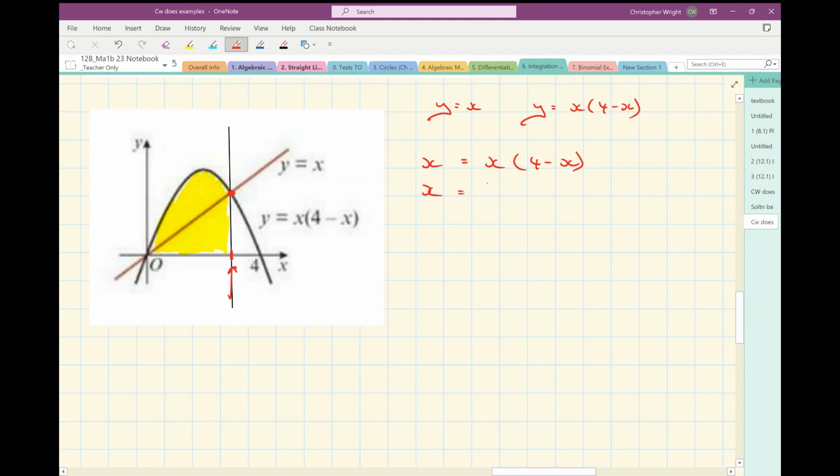So x will be 4x minus x squared. So if I add x squared to both sides and also subtract an x from both sides, that tells you that x is 3. So this value here is 3.